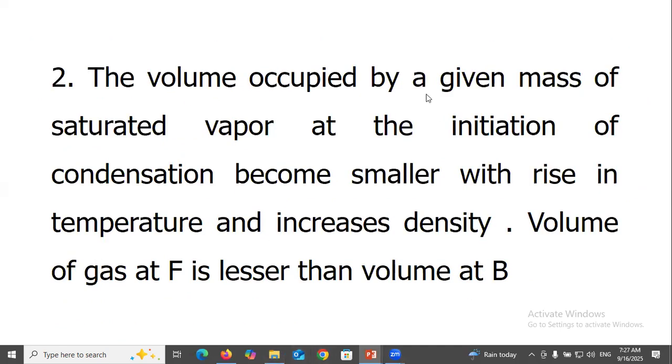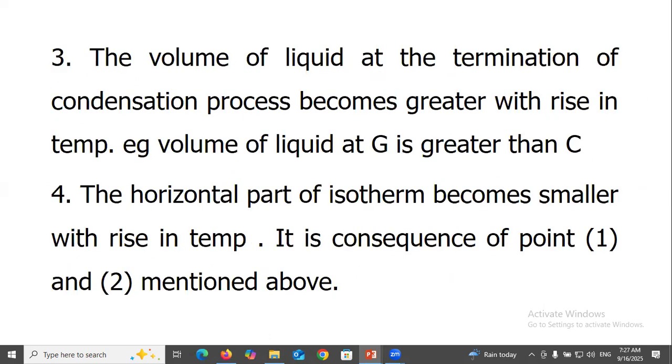The volume occupied by a given mass of saturated vapor at the initiation of condensation becomes smaller with rise in temperature, and density increases. Volume of gas at F is lesser than the volume at B. The volume of liquid at the termination of condensation process becomes greater with rise in temperature.